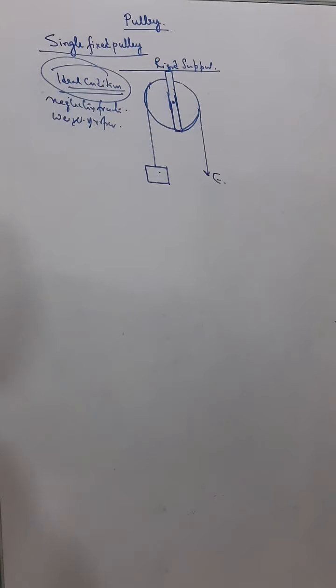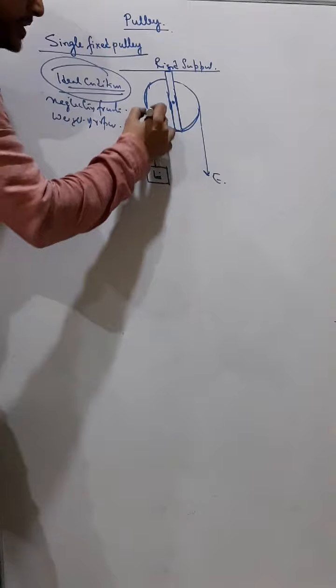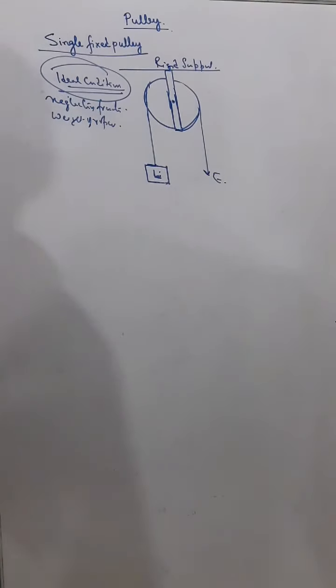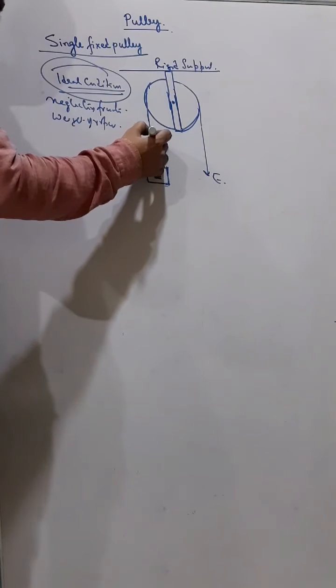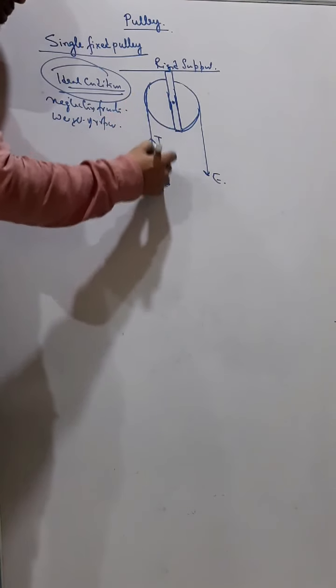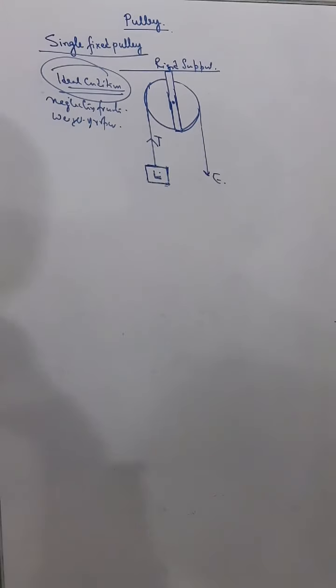Now suppose this is a load which is tied from here, and here somebody is holding it, not pulling it but holding it. That means now the pulley is not rotating at present. Now naturally you know that whatever is the weight of the load, an equal and opposite tension will be produced in the rope because it is in a stretched condition.